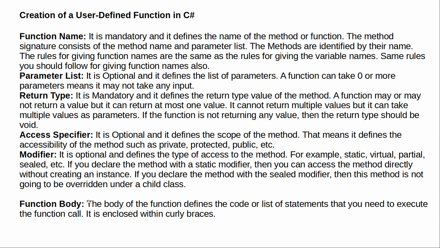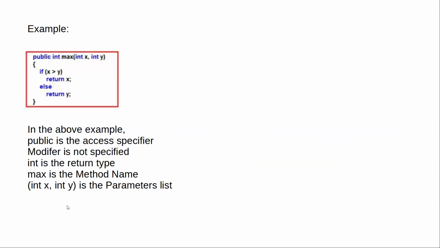Okay, and the function body. Let me show you with an example, that way it would be easy for you. So remember: function name, a set of parameters, a return value, an access specifier, a modifier, then the function body. Let's take this function I am writing.